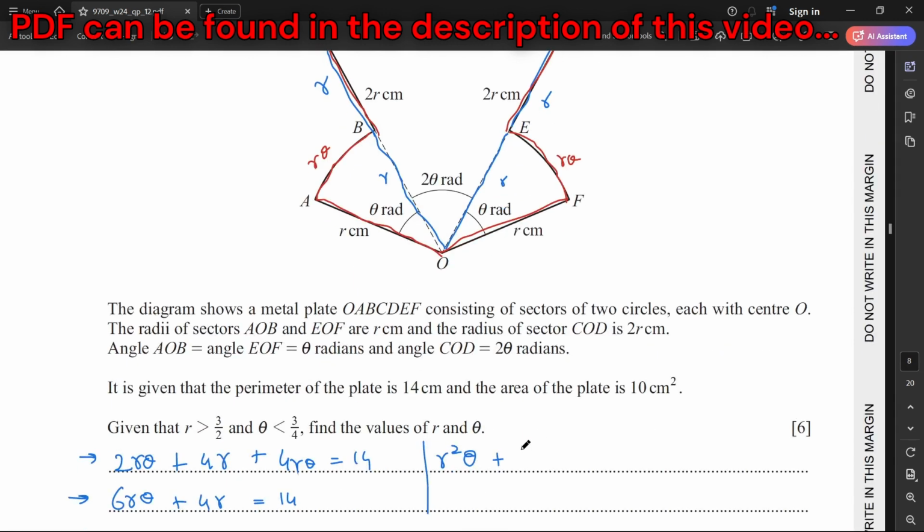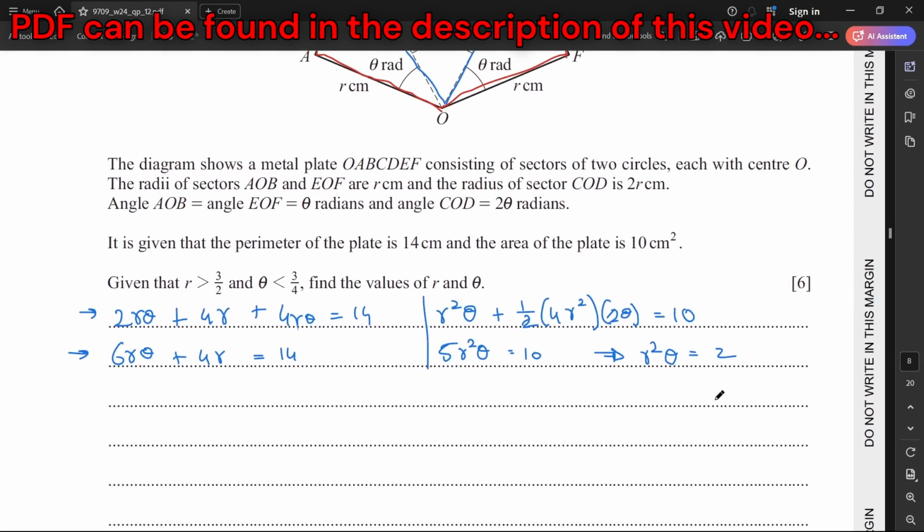So that is going to become half of 2r squared, that is 4r squared, into 2 theta, and this is equal to 10. And therefore you see that this 2 and this 2 get cancelled out, so I'm left with 4r squared theta plus r squared theta, that is 5r squared theta, which is equal to 10. And this implies that r squared theta is equal to 2.